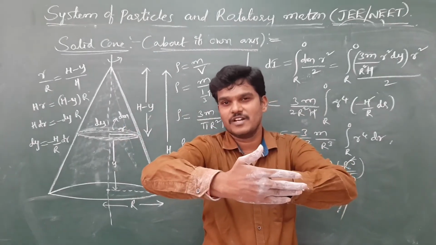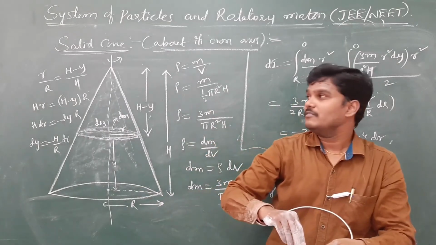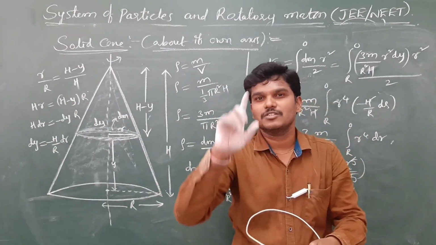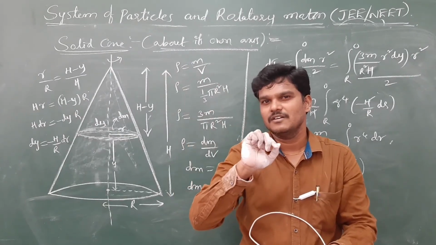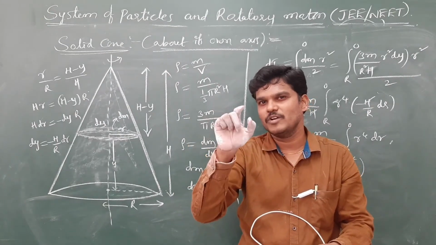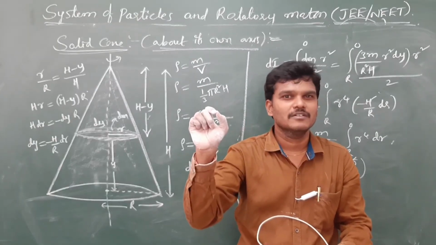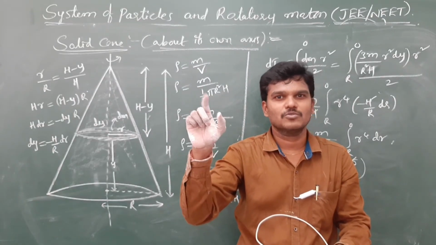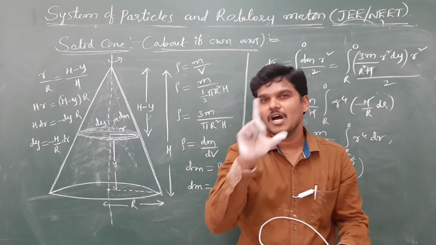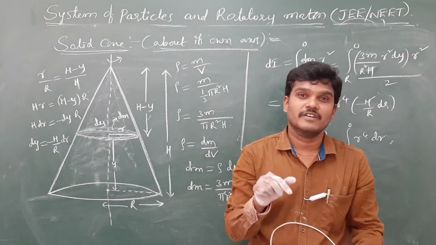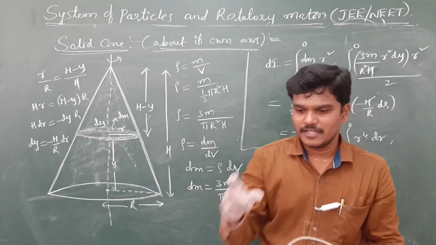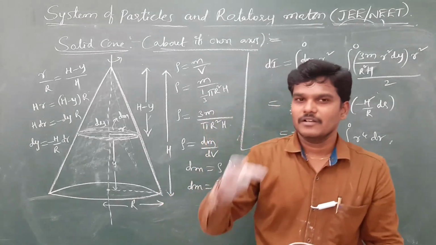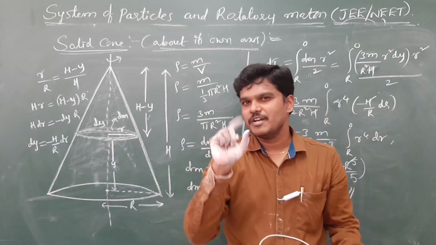Later, we covered the solid sphere, 2 by 5 mr square about its own axis. And about a tangent, 2 by 5 mr square plus mr square, so total 7 by 5 mr square. Hollow sphere, 2 by 3 mr square, and about a tangent, 2 by 3 mr square plus mr square.